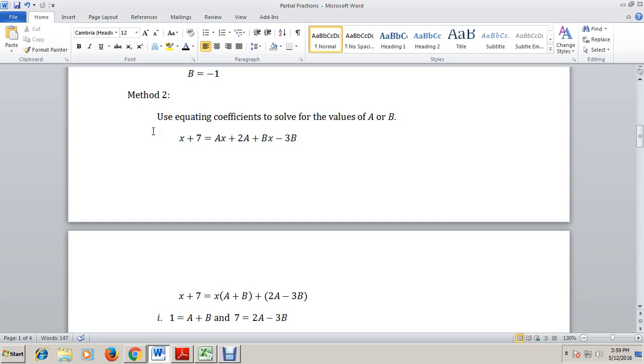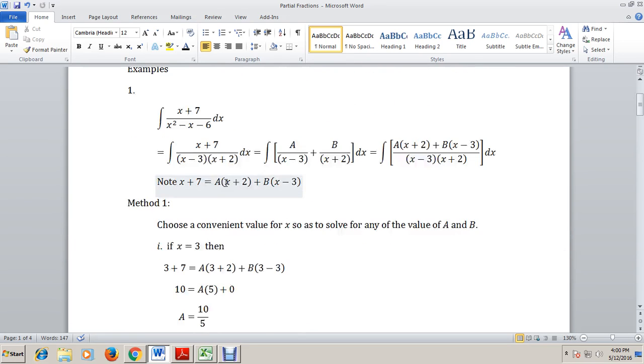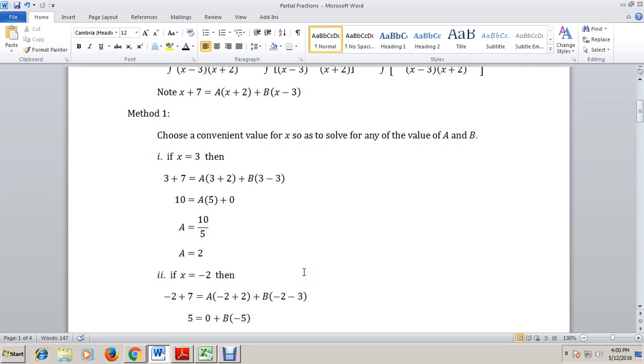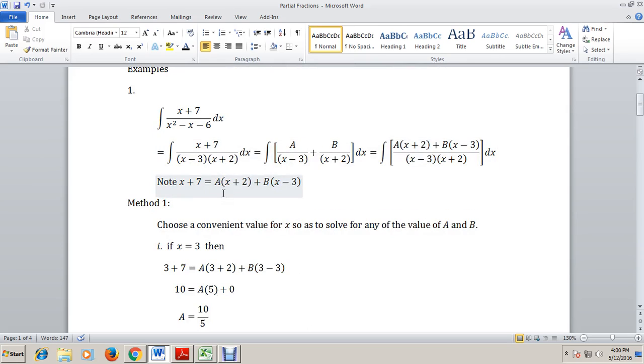So the second method is by using equating coefficients to solve for the coefficient a or b. Now, let's go back to our original expression. x plus 7 is equal to a times x plus 2 plus b times x minus 3. Essentially, what we can do is to distribute a to the expression x plus 2 and distribute b to the expression x minus 3.